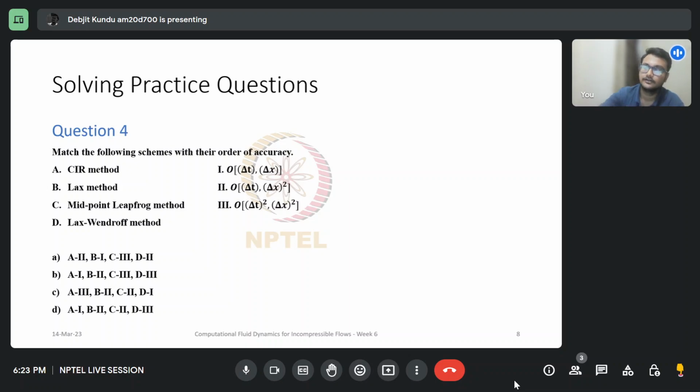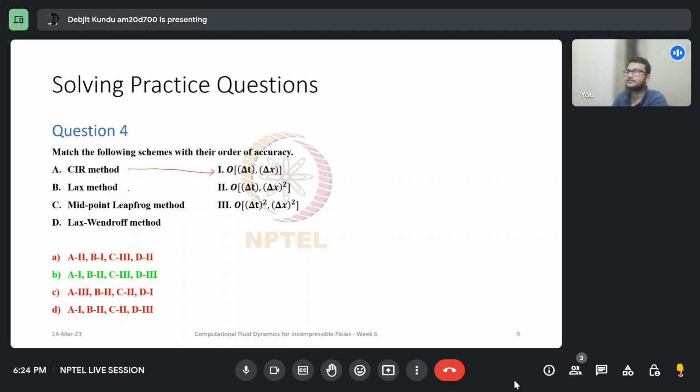So now let's have a look at the solution. The solution is option B, A1, B2, C3, D3. Let's try to solve this. We have the Courant-Isaacson-Rees method, whose accuracy is first order in time and first order in space.